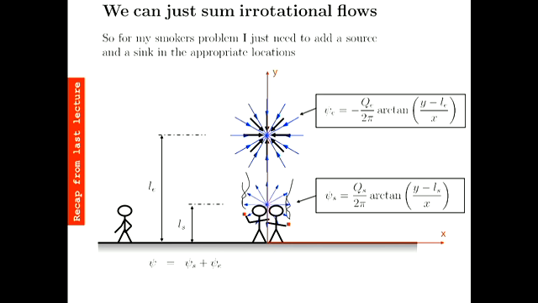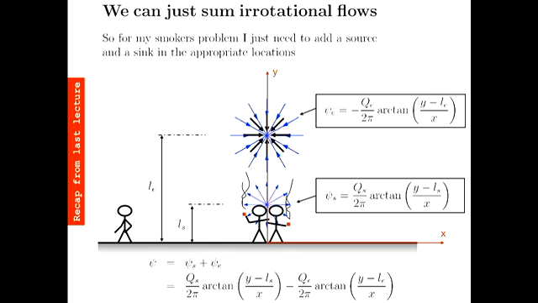So for that smoker's problem, I just added the stream function for a source to represent the smokers. I added the stream function for a sink to represent the extraction fan.